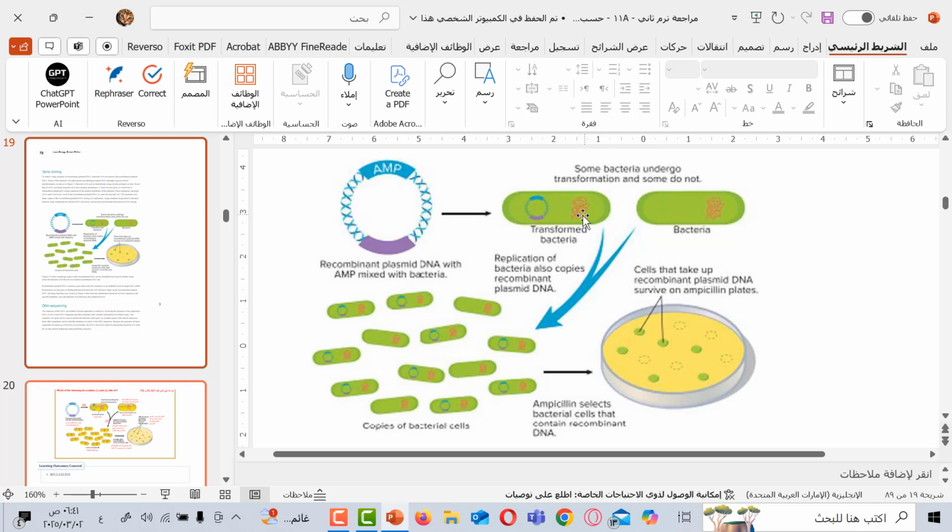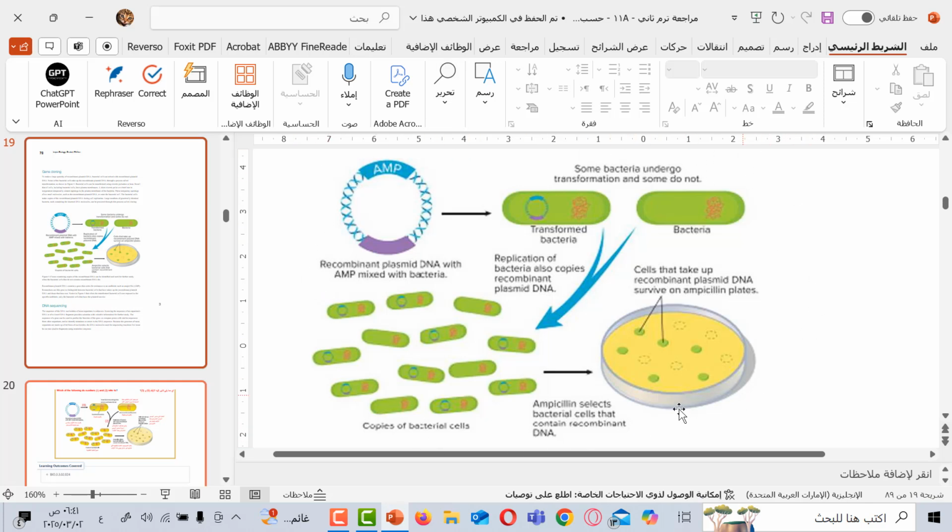When they put the bacteria in the media which has the ampicillin antibiotic, the bacteria which didn't take this resistance, or the plasmid, will die, and the other ones will stay alive. This is the purpose of putting this AMB. Don't forget every word here, please.